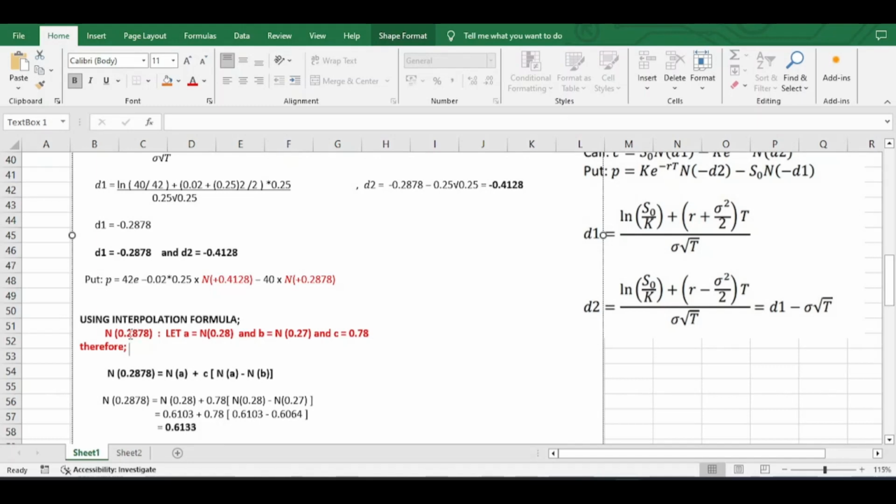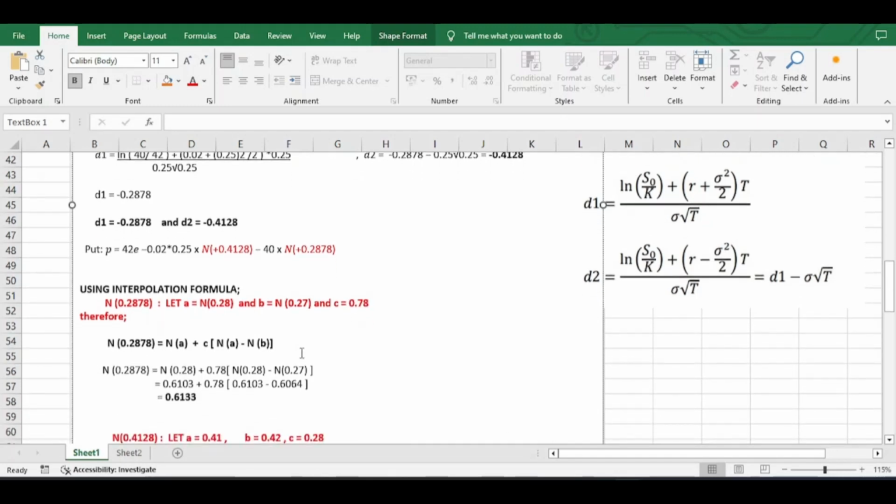We will skip the middle number, so it will be 0.27, and C equals the last 2 digits, 0.78. Remember, you just need to find the probability of the combination of the first 2 numbers and the combination of the first and third number. For C, we don't have to find any probability.